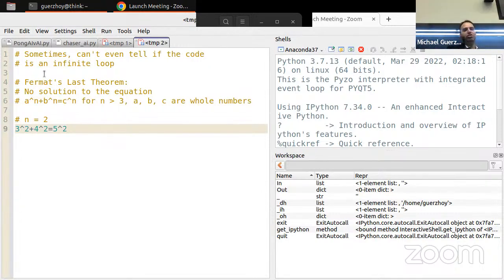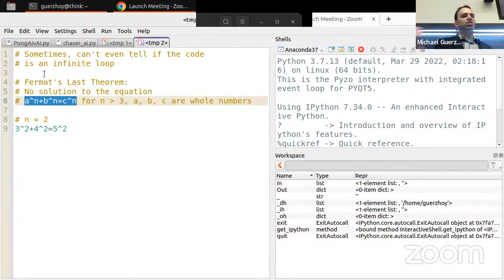So in general, Fermat, I think it was the 17th century, famously wrote down a proof that you cannot find a triple of a, b, and c that are natural numbers such that a to the n plus b to the n is equal to c to the n.